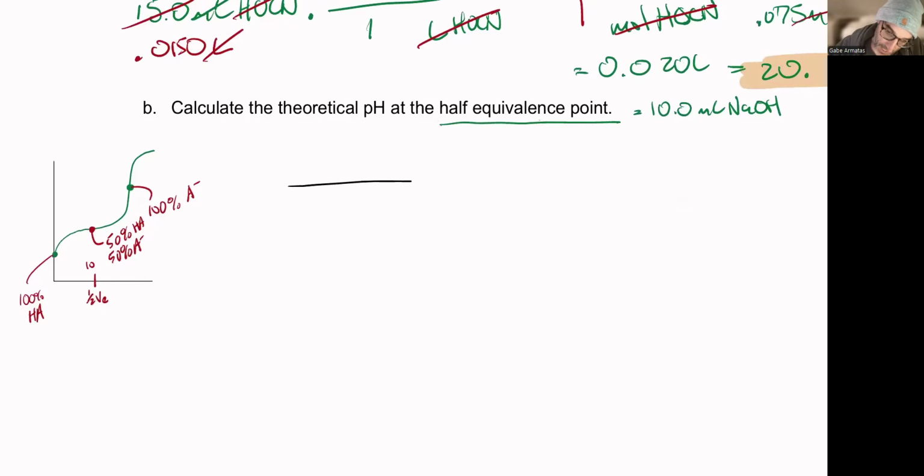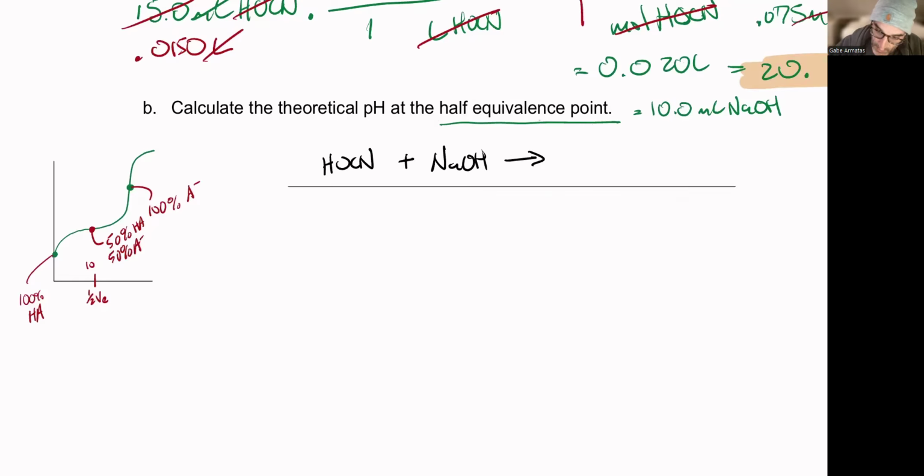So I have this reaction: my HOCN and NaOH reacting to produce products we're not going to care so much about, plus water. We're not going to care about the water because there's tons present. This is going to be similar to an ICE table, but not quite. But it's going to help us track things.